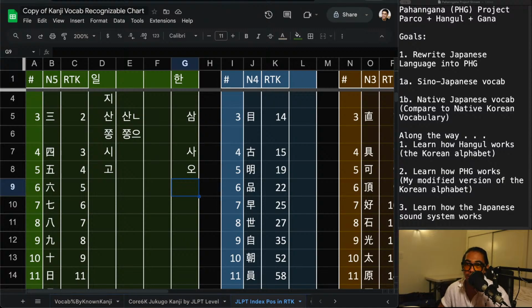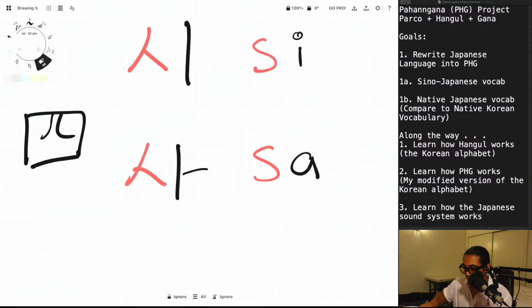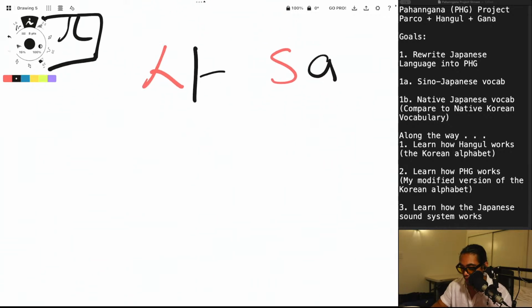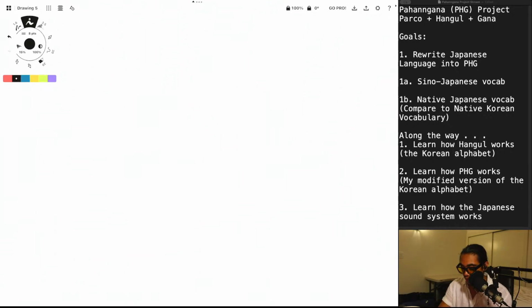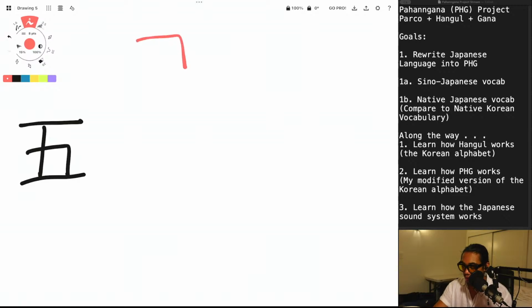And then let us go to the iPad. Okay, and we are going to write go. I always like this character. It's a fun one to write. Okay, so we have go, and we have silent ing. Go.